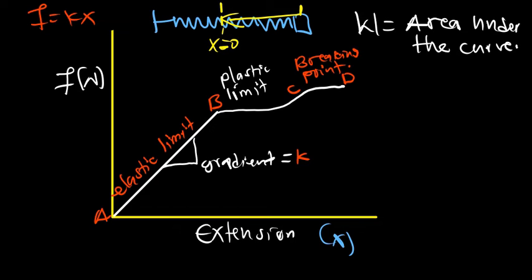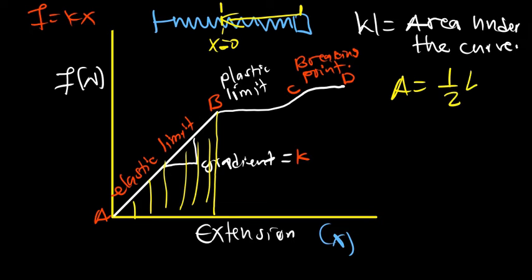What does it mean? If I want to find the area under this curve, this is my shape. What shape is this, the one I've just highlighted in yellow? Yes, a triangle. The area of the triangle is given by half BH.